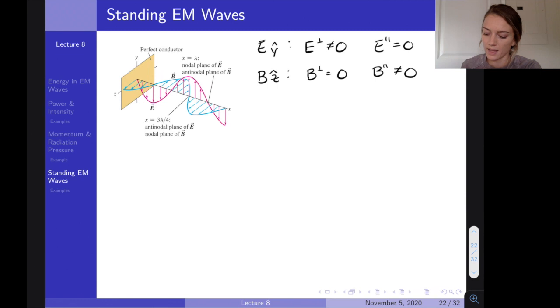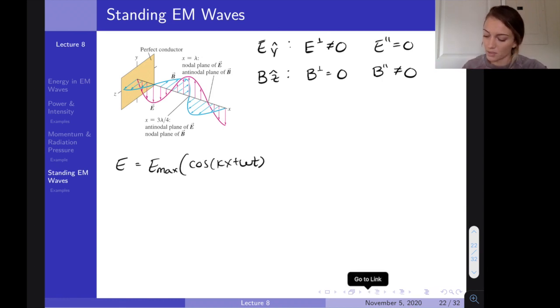So now let's write a wave function for our standing wave. For the electric field we'll have E max times cosine kx plus omega t, because we know for a standing wave we have one wave traveling in the negative x direction and then another wave traveling back out in the positive x direction.